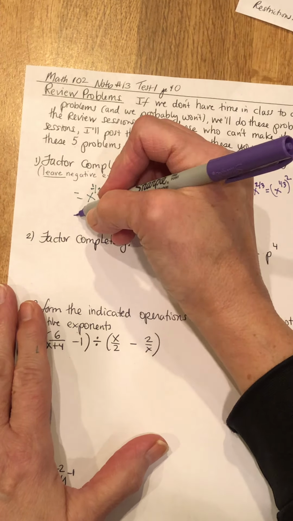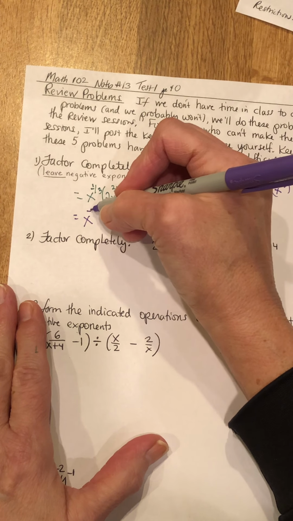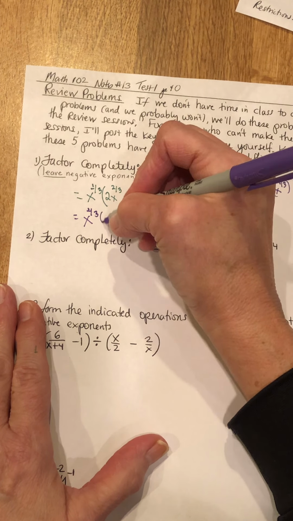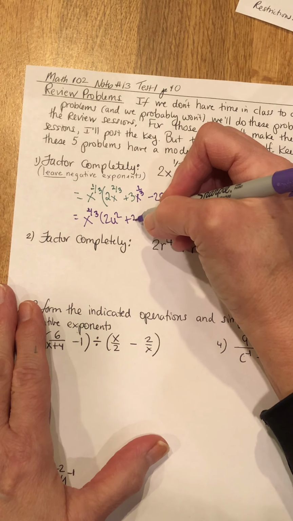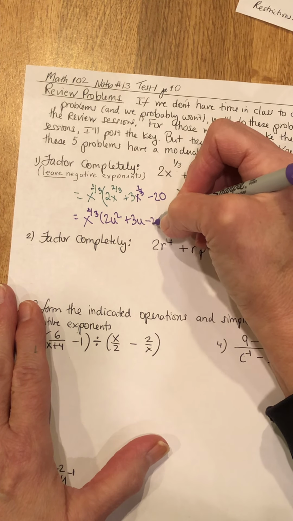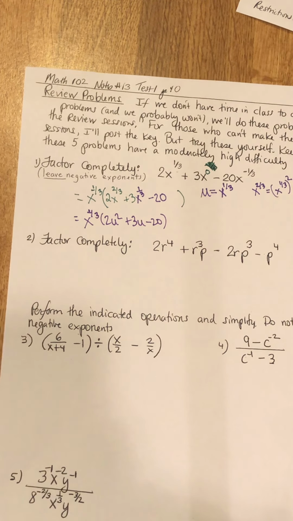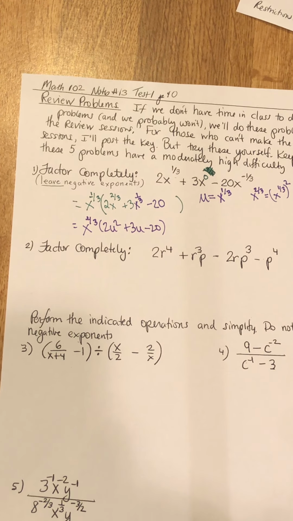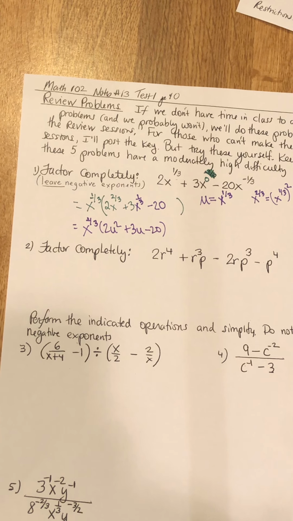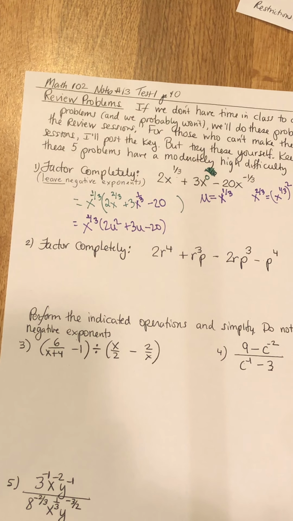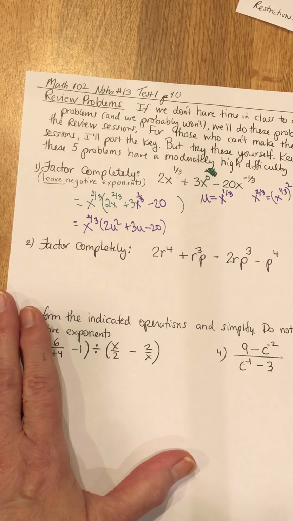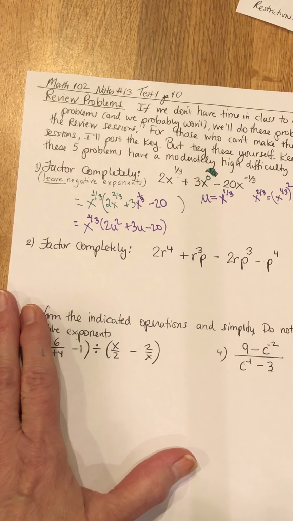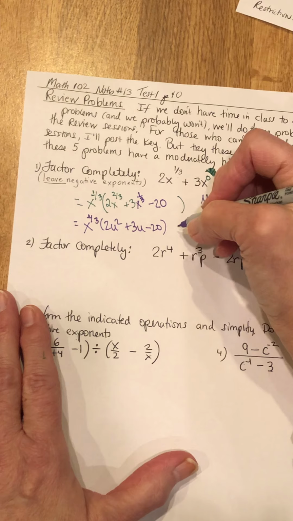So this is x to the negative 1/3 times 2u squared plus 3u minus 20. And the substitute variable just made this problem look easier. This just looks like a FOIL in reverse. If you could factor this without the substitute variable, if you see the pattern, what's going on, go for it.